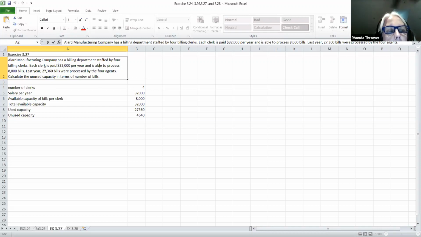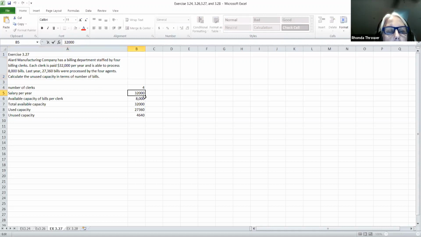And it says each clerk is paid $32,000 per year and is able to process 8,000 bills. So this salary per year is $32,000. The number of bills that each clerk could produce is 8,000 bills. That's what they told us.